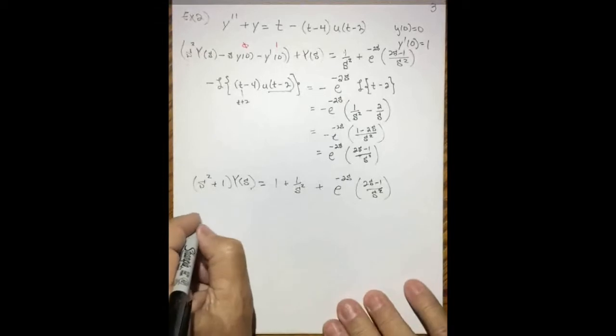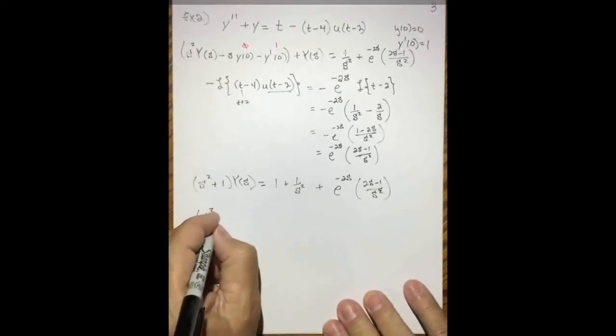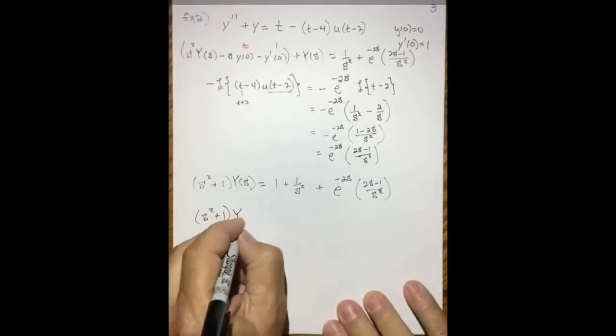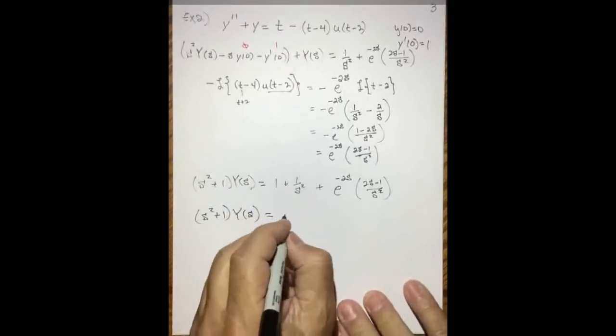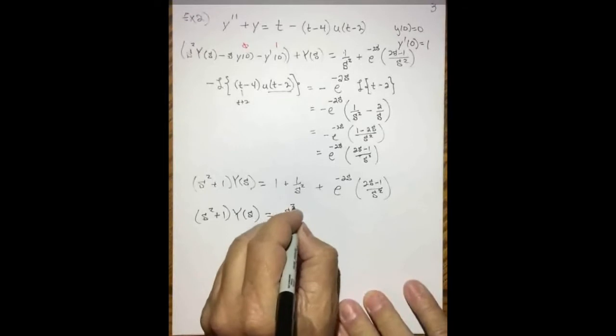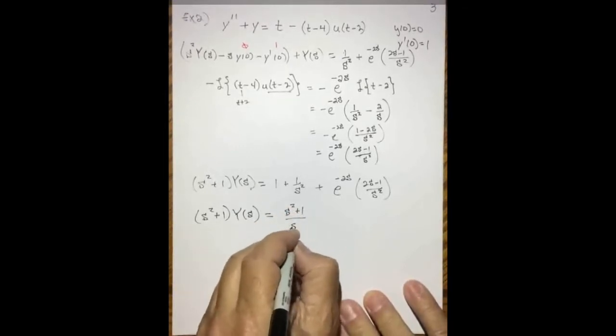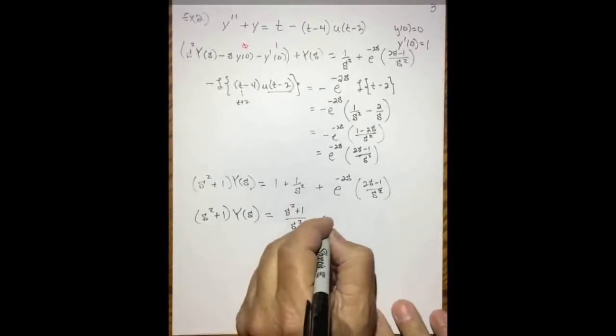Okay, now, one more little task before we rock and roll here. So get a common denominator here. This is s squared plus 1 over s squared.